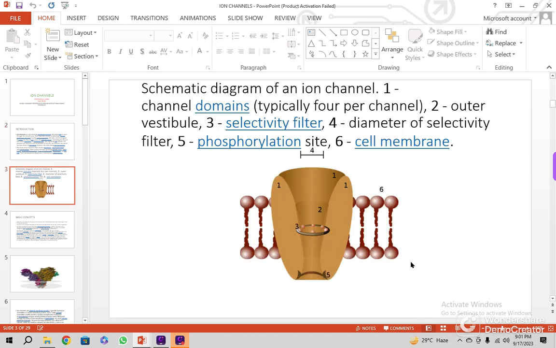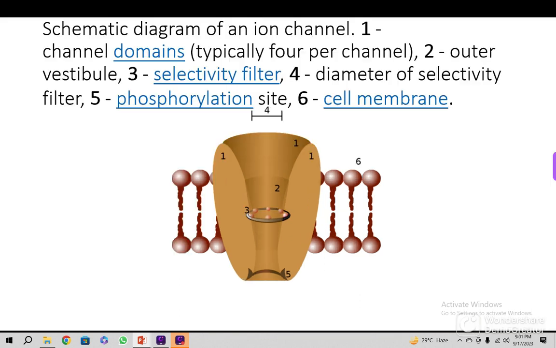Now, the schematic diagram of this is what is seen here. The channel domains are the molecules which are passing, or a group of molecules, typically 4 per channel, and one channel can afford 4, not more than that. This is a cross section, a longitudinal section of the channel.